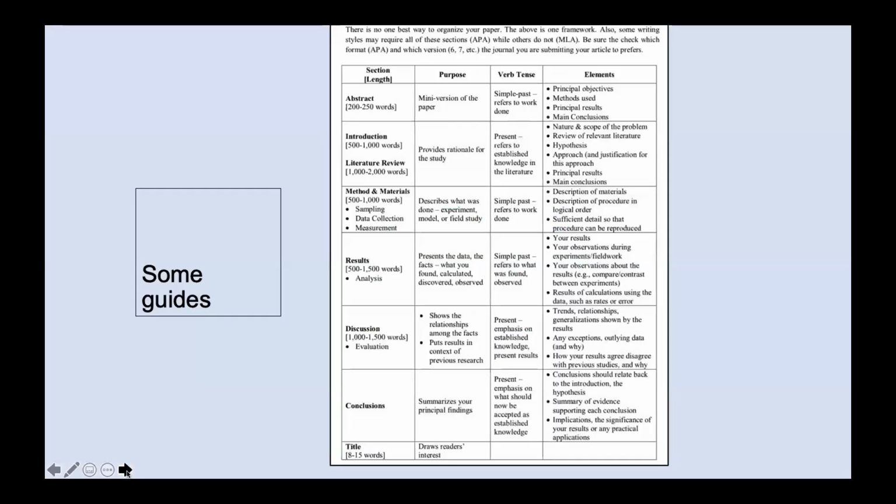Okay, some guides in the articles: the abstract is some 200 to 250 words, sometimes 300. Introduction 500 to 1000 and so on.